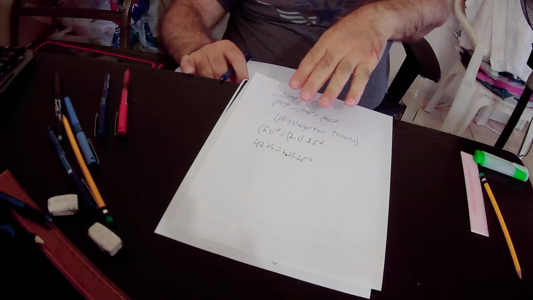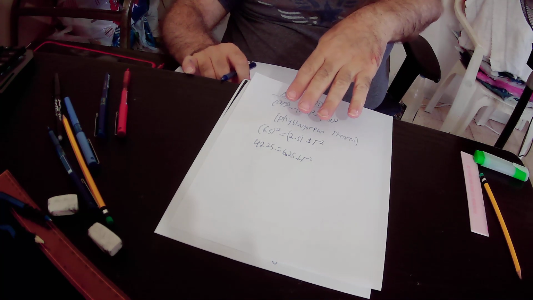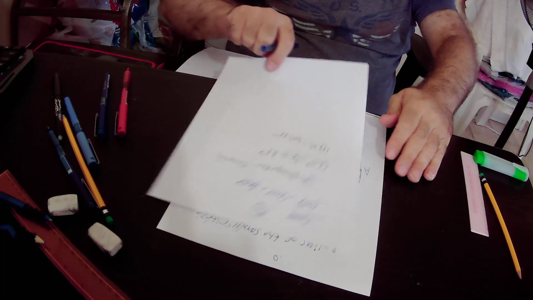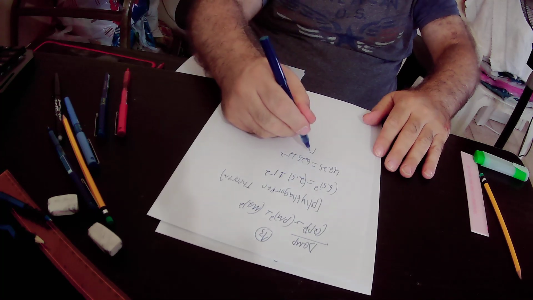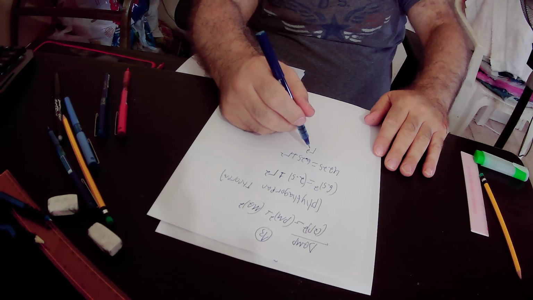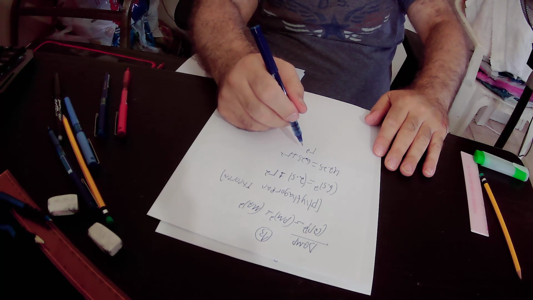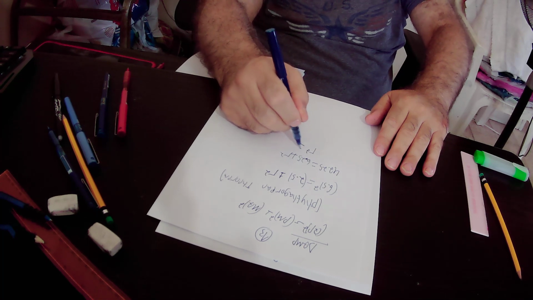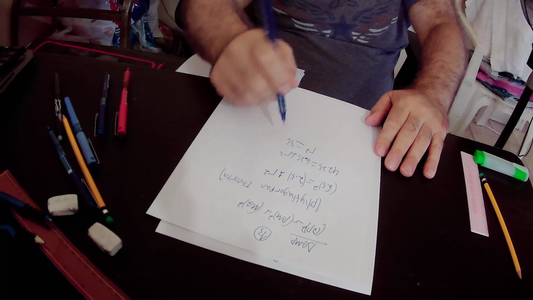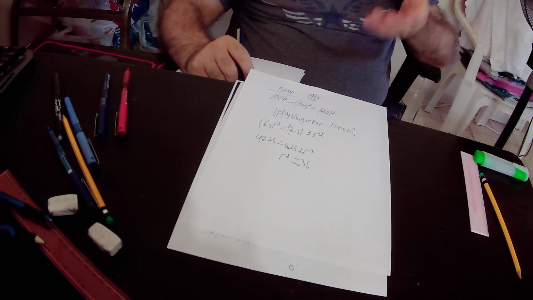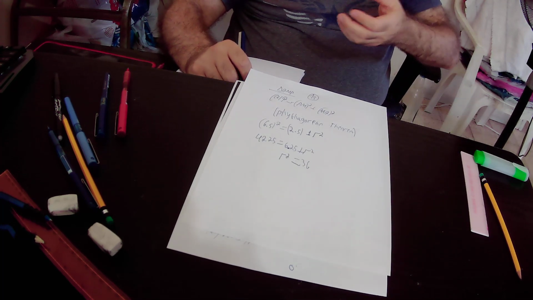Here we will subtract 6.25 from this equality, and we will get that r squared equals 42.25 minus 6.25, which is 36. So r squared equals 36.